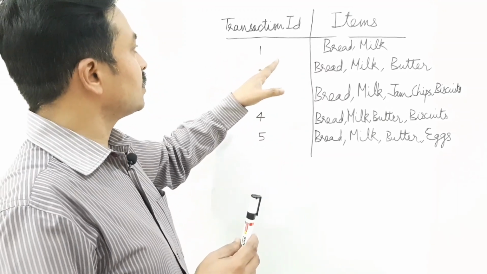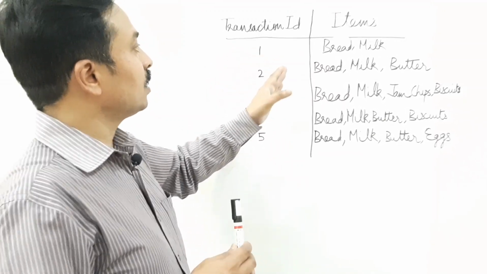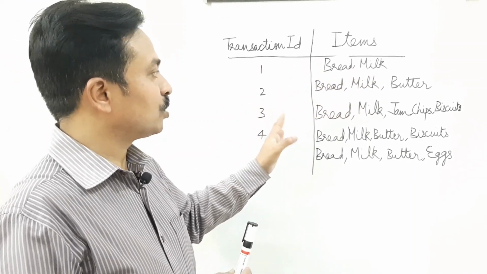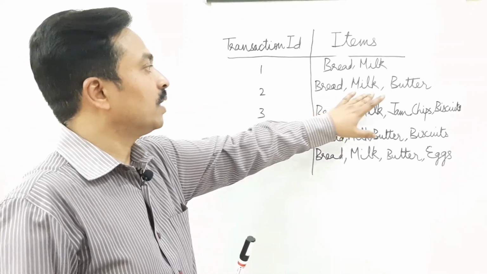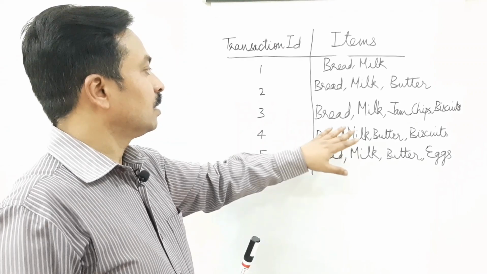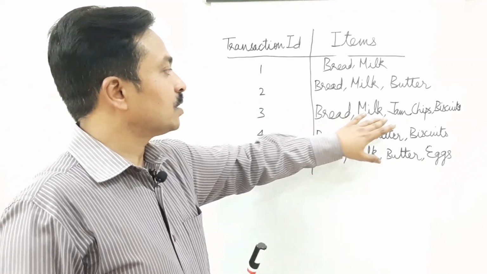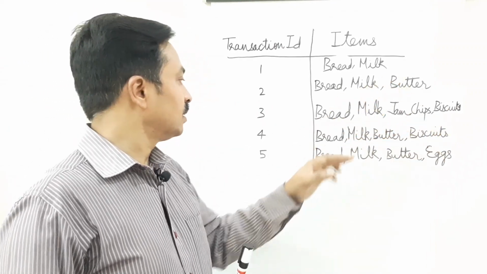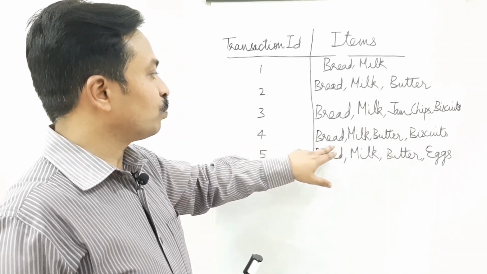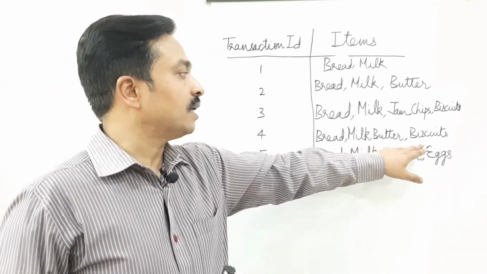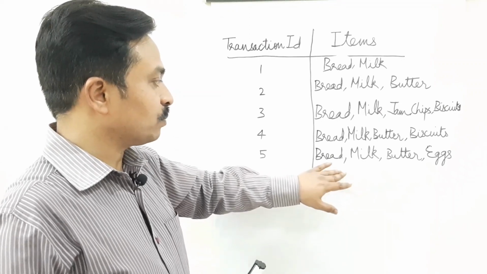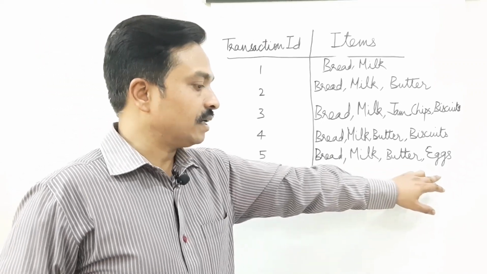For example, in transaction number 1, the customer purchases bread and milk, while in transaction number 2, he purchases bread, milk and butter. In transaction number 3, the customer purchases bread, milk, jam, chips and biscuits, while in transaction number 4, the customer purchases bread, milk, butter and biscuits. In transaction number 5, the customer purchases bread, milk, butter and eggs.